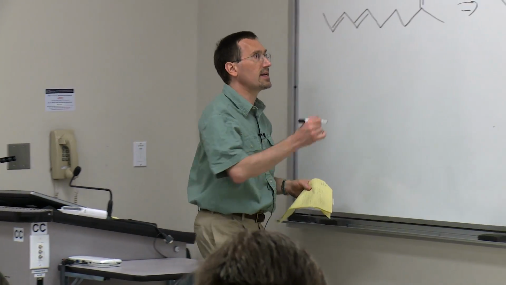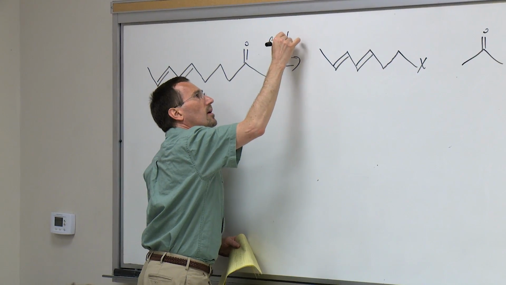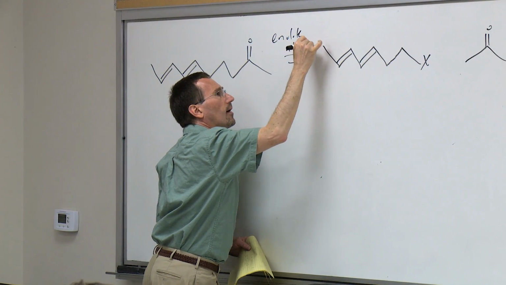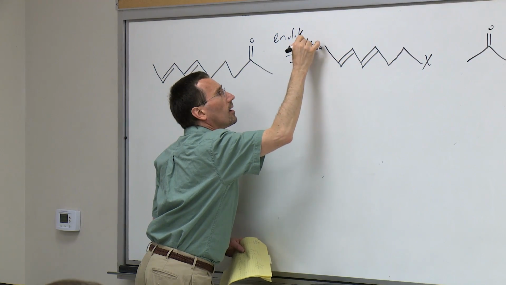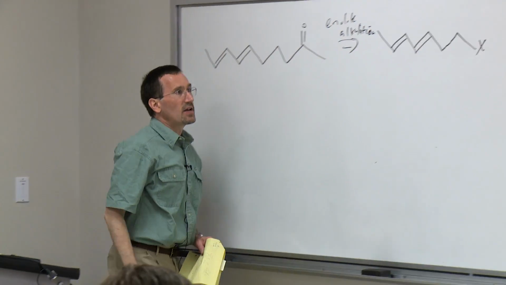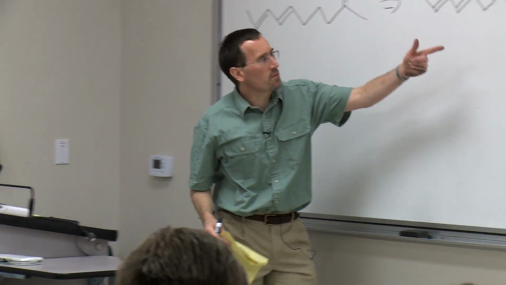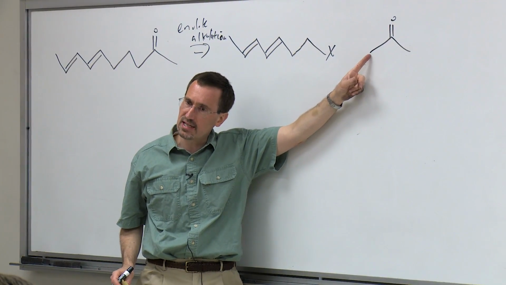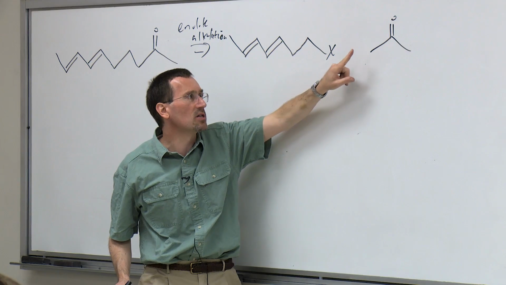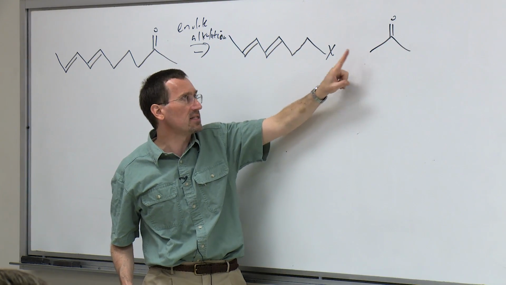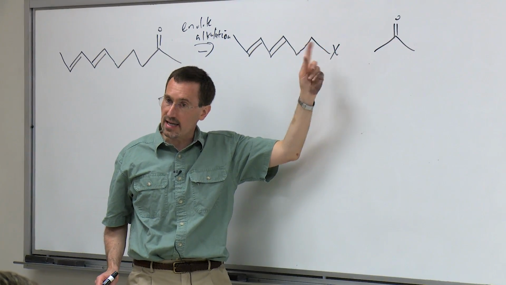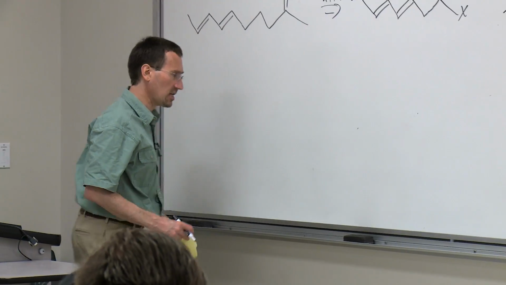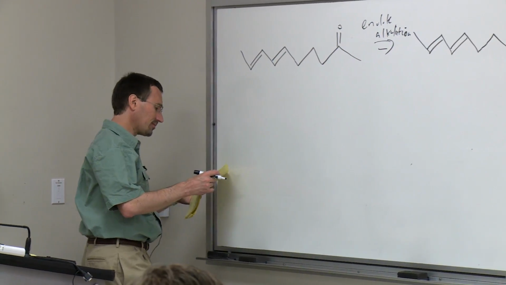I'll say enolate alkylation. In practice, if you wanted to do this reaction, this would be a halide or a tosylate. In practice, you might be better off with the acetoacetic ester synthesis, where you use ethyl acetoacetate. You go ahead, it alkylates very efficiently. You then hydrolyze the carboethoxy group and decarboxylate.